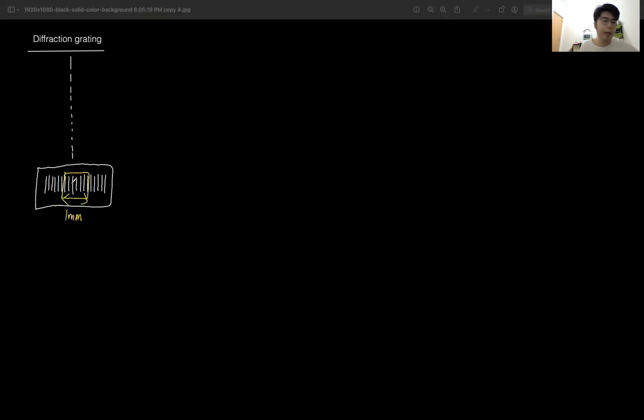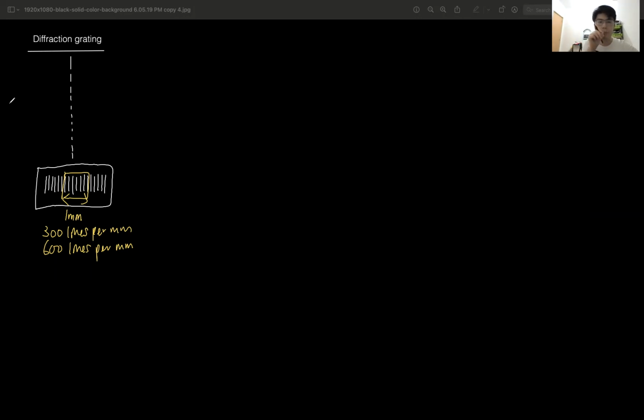So they calculate how many lines per millimeter. For example, 300 lines per millimeter, or 600 lines per millimeter. So in 1 millimeter, there are 300 very small slits.